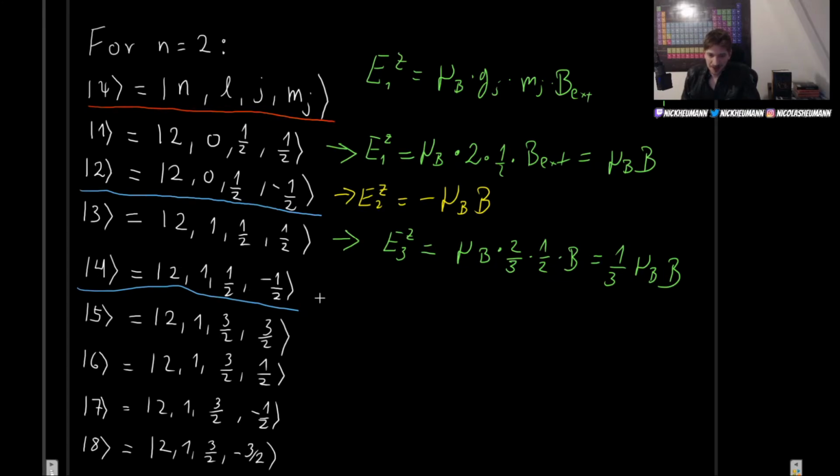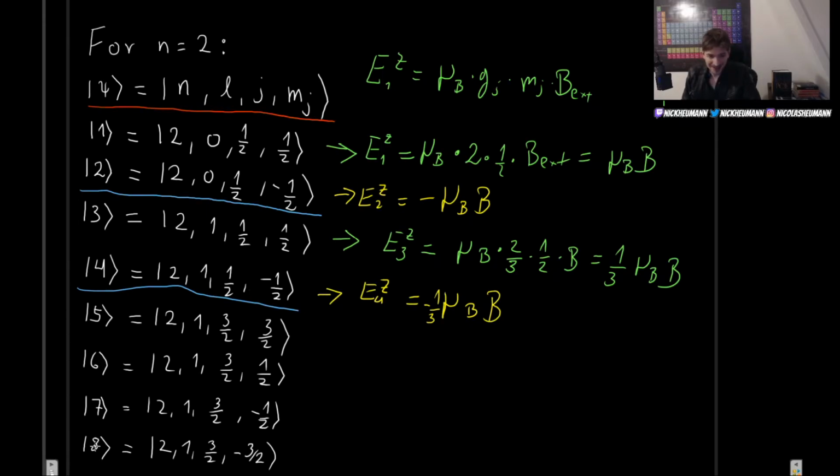Next one is this. So here E4, because of the Zeeman effect, is mu B. And then we have 2/3, and this time it's minus. So it's basically the same, but with a minus sign in front. So we get minus 1/3 mu B times the magnetic field.